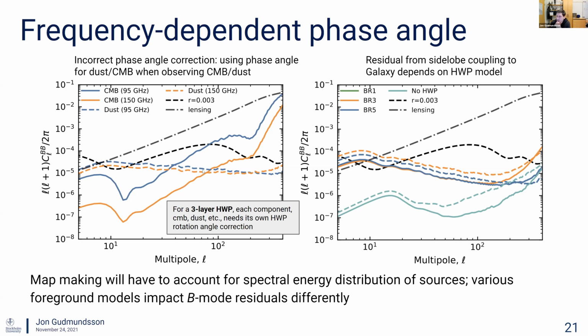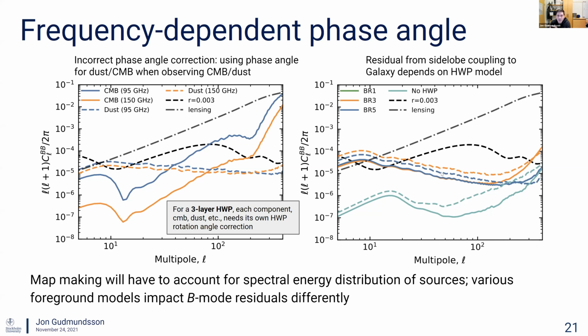Another thing was that we now saw residuals in our angular power spectra that are related to the interplay between the far side lobes of our optical system and the Mueller matrix and the complexity of the half-wave plate.